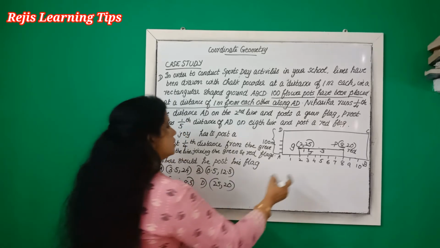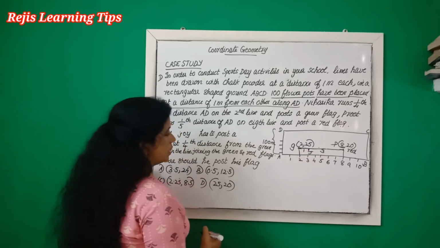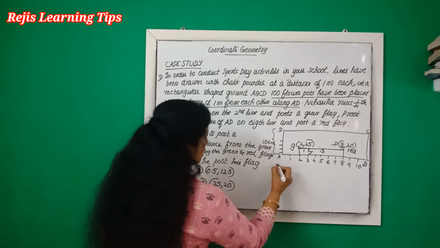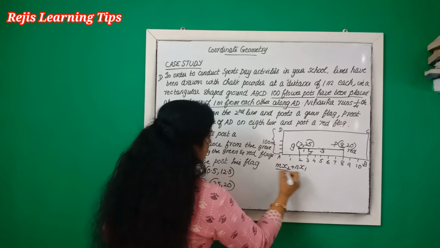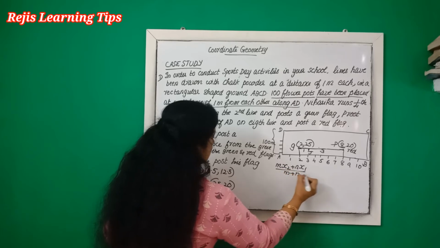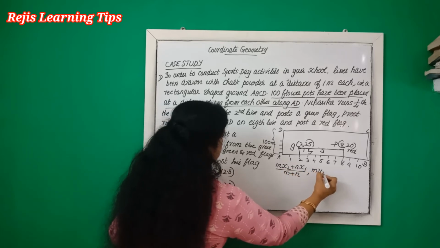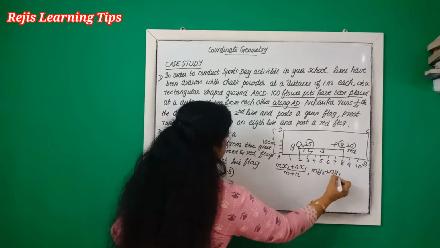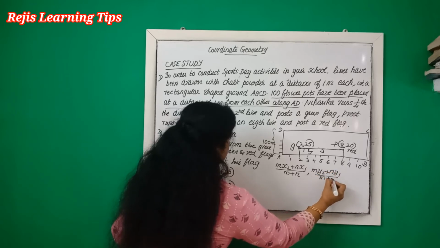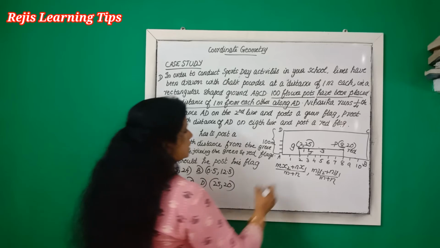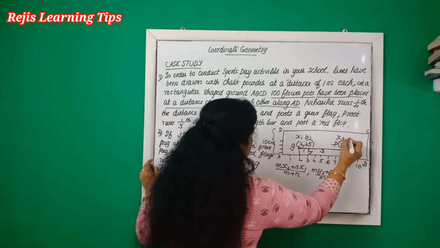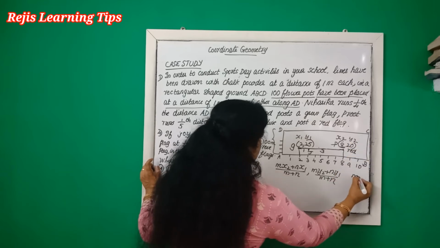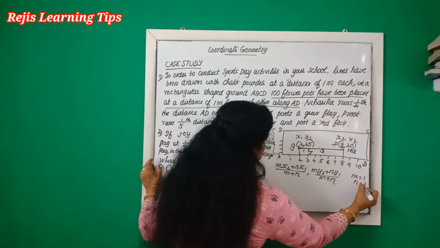We should find the coordinate of J by using the section formula: (m x2 plus n x1) divided by (m plus n), then (m y2 plus n y1) divided by (m plus n). Here this is x1, y1 and this is x2, y2. m is equal to 1 and n is equal to 3.